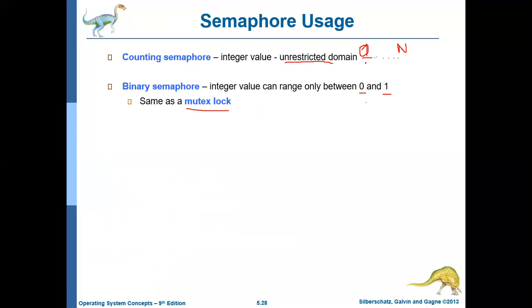Okay, fine. See, where we will use binary semaphore and where we will use counting semaphore: assume that in your computer there is only one scanner, and more than one process wants to use this scanner.